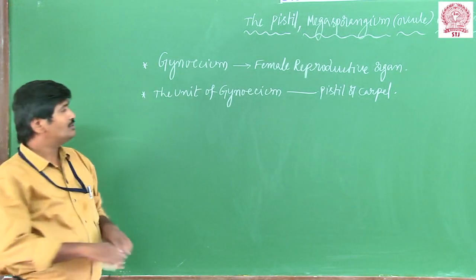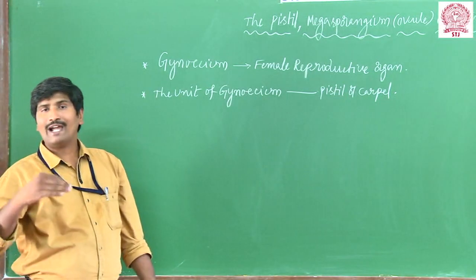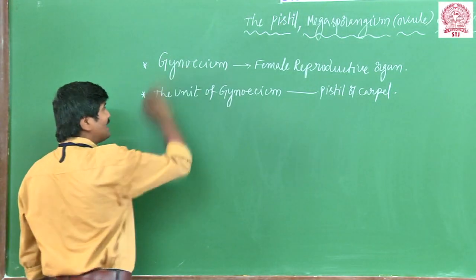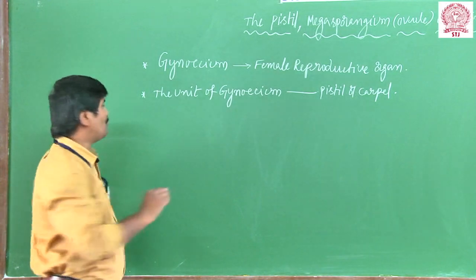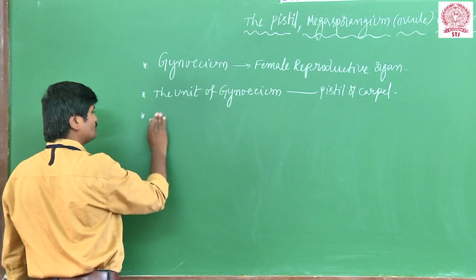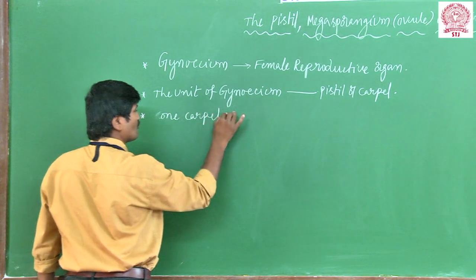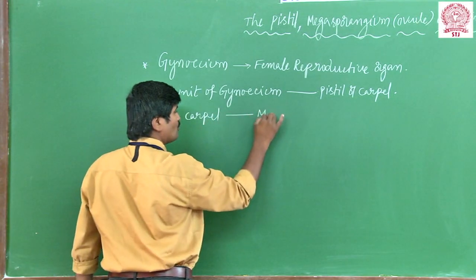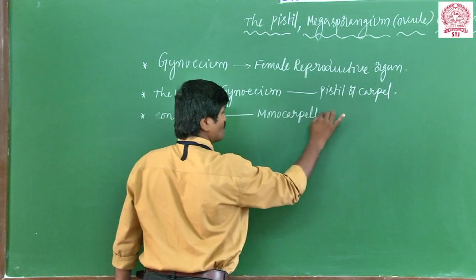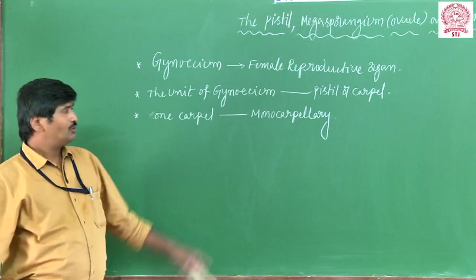Now, this gynoecium may consist of one carpel or more than one carpels. If the gynoecium consists of one carpel, that is known as monocarpellary.